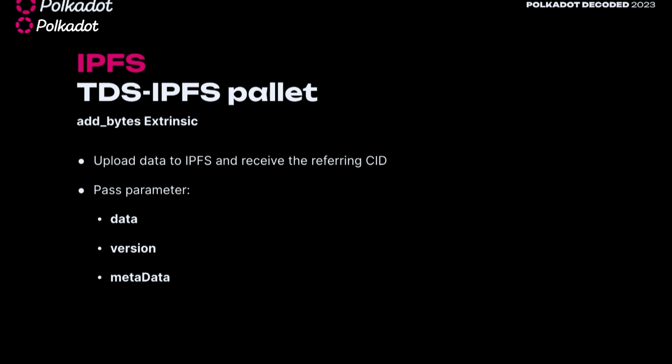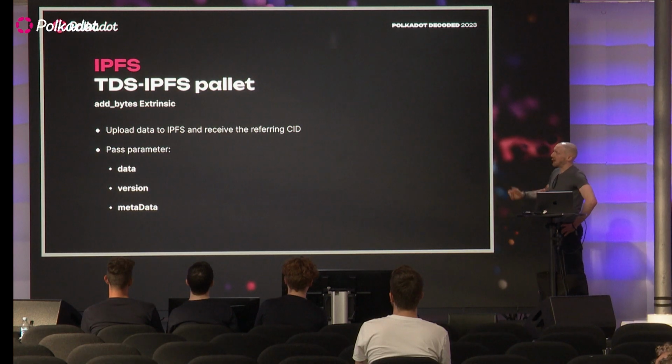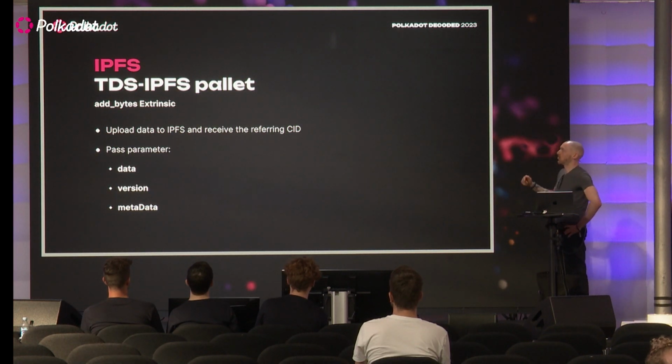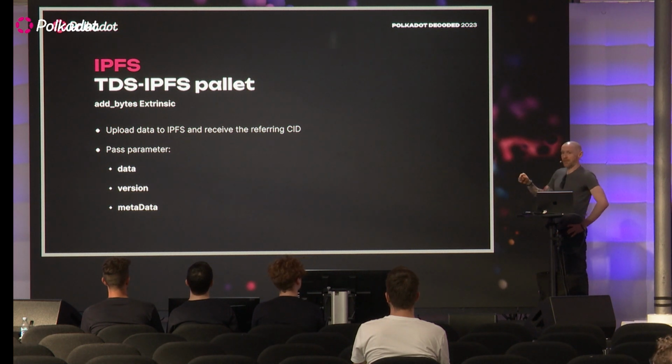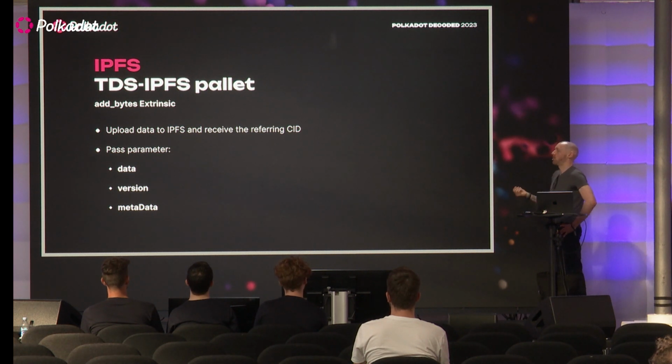Now let's dive a little bit into the details of the extrinsics. As I mentioned, add bytes adds bytes to IPFS and returns the referring CID. You have to pass three parameters: data, that's the data you want to put in; then a version that refers to the content identifier version. There are two, version 0 and version 1.